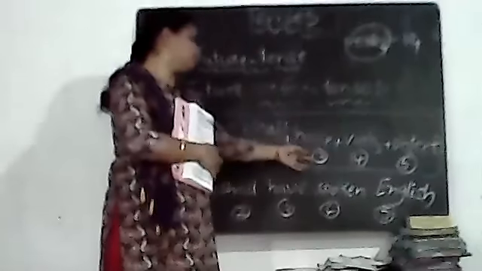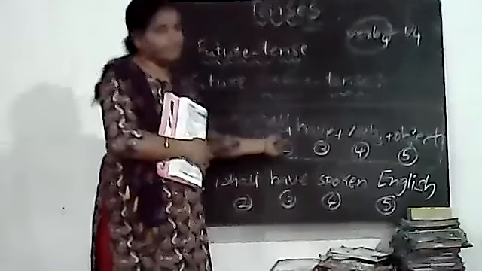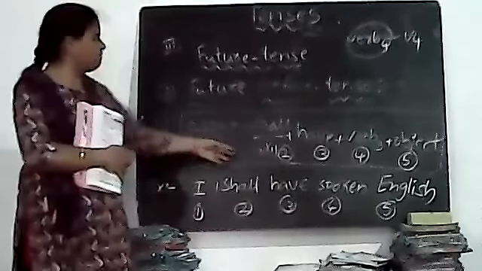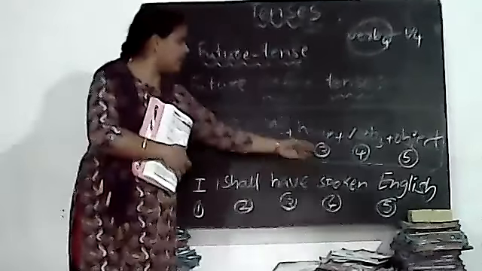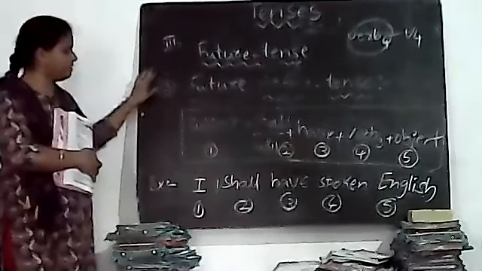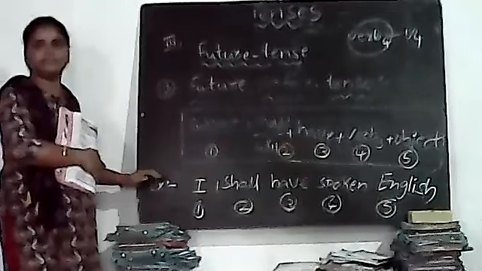Then finally we add verb 3 and the helping verb form. So here also the verb form and helping verb form change: shall or will plus have, extra, added with only have. So this is the future perfect tense structure and its examples.